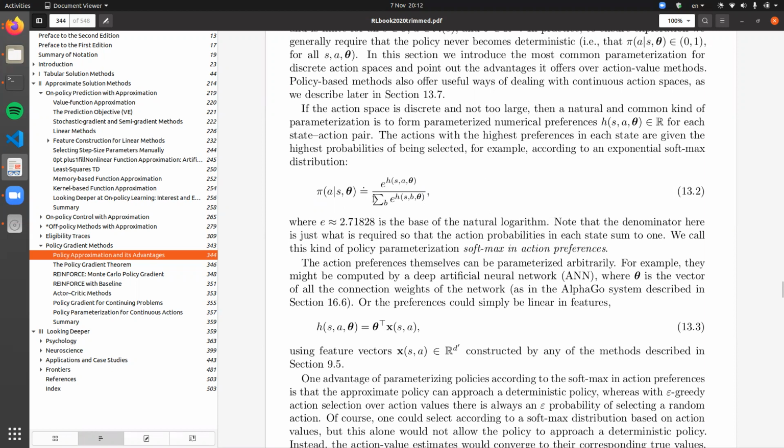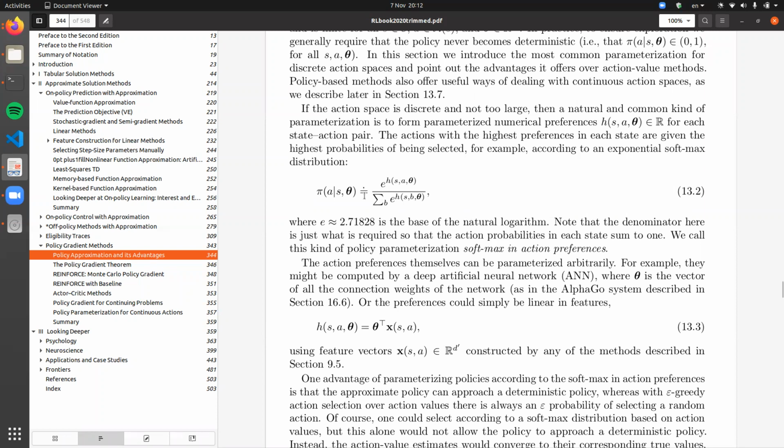We want to get the argument that maximizes this function, but instead of getting 1 at one position and 0 everywhere else, we will have a softer version of it, where the actions that have higher preference have higher values, and the actions with lower preferences have lower values.